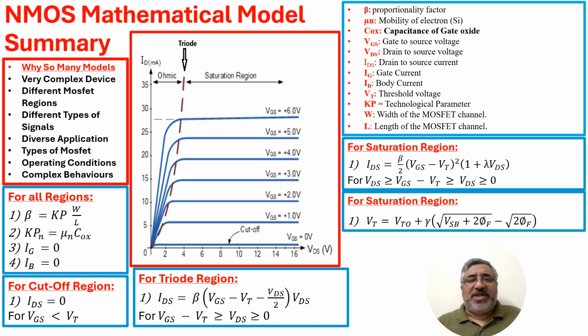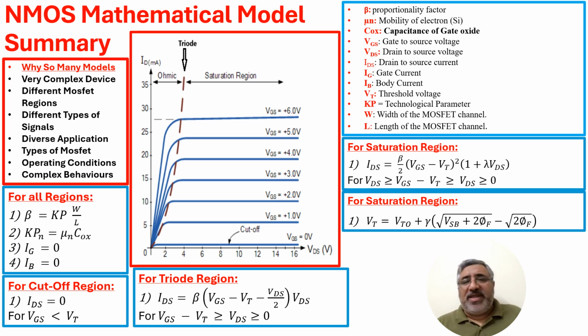Now we discuss the threshold voltage, because all these regions depend on the threshold voltage. Threshold voltage Vt is equal to VT0 plus gamma times (square root of (VSB plus 2 phi f) minus square root of 2 phi f), where VSB is the source bulk voltage and phi f represents the Fermi potential. This relationship illustrates how the threshold voltage varies with change in source bulk voltage due to the body effect, which occurs when the body potential influences the depletion region.